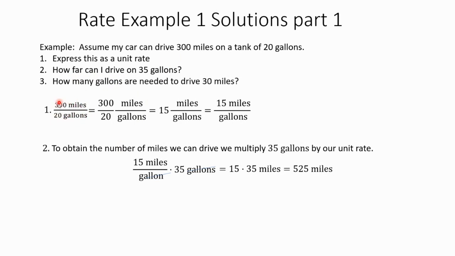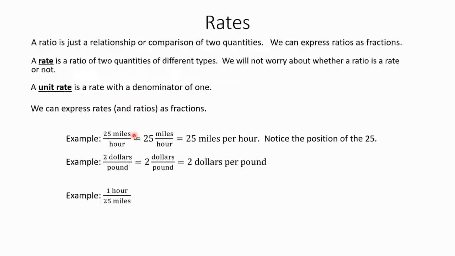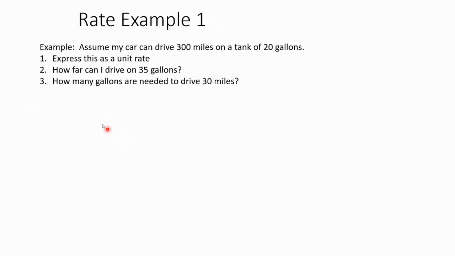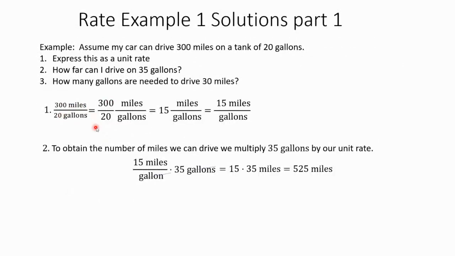We write it like that, okay? Now, we want this to be a unit rate, correct? What I'm going to do is I bring the 300 in front and the 20 in front. It's kind of like what I did over here with the 25. I put the 25 in front. I'm basically doing that for the 300 and the 20. So we have 300 over 20, as you can see.